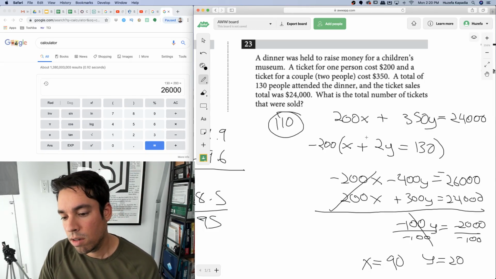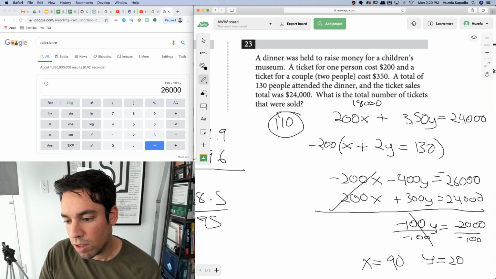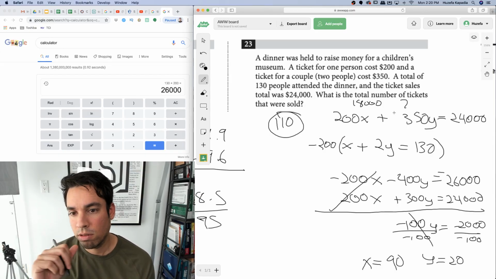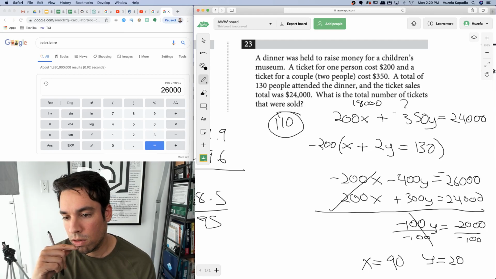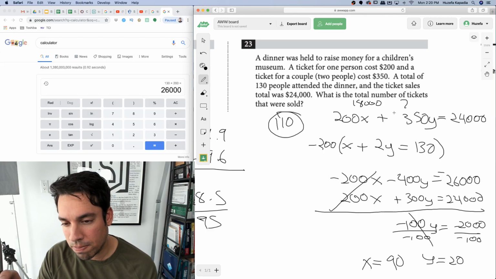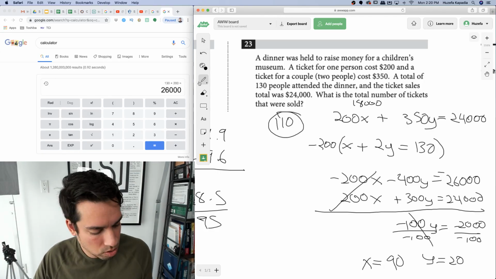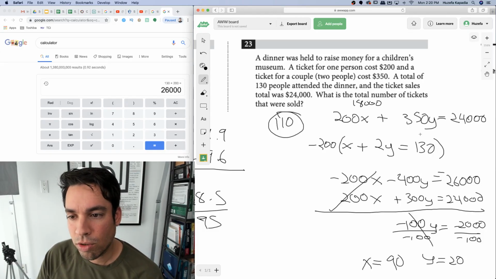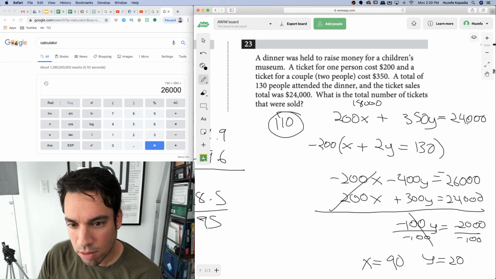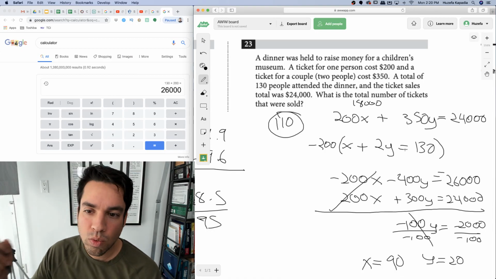Let's just double check the math. 90 times 200 is 18,000, plus 350 times 20, that's another 7,000. The math doesn't work out. Wait, I messed up. Hold on, let's try it again. 200x plus 350y equals 24,000, right? And then x plus 2y equals 130.